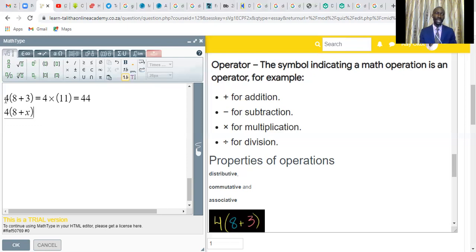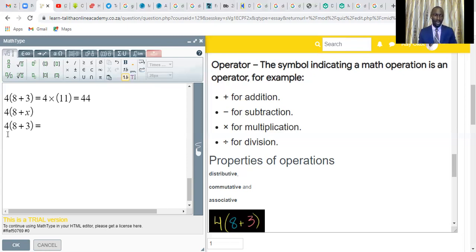Just to stick to this one a little bit, we will be having 4 times, inside the bracket, 8 plus 3. To distribute means what is outside the bracket is distributed on all the quantities inside the bracket.